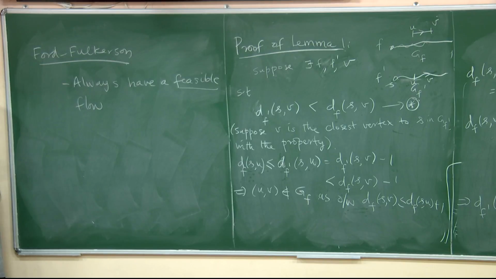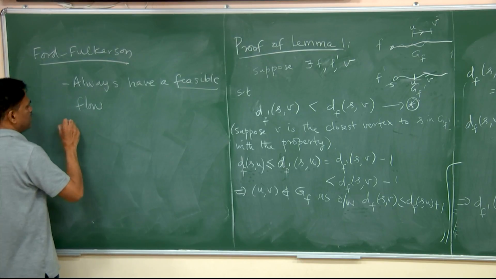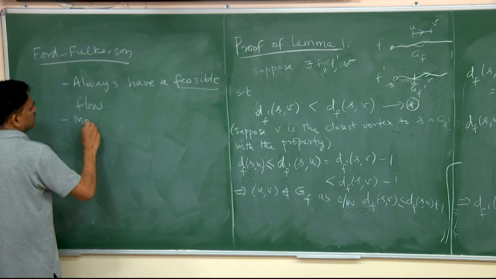If you know LP, just think in terms of modeling constraints. I always want to maintain those constraints, and any flow that maintains them I call a feasible flow. And I eventually move towards optimality.